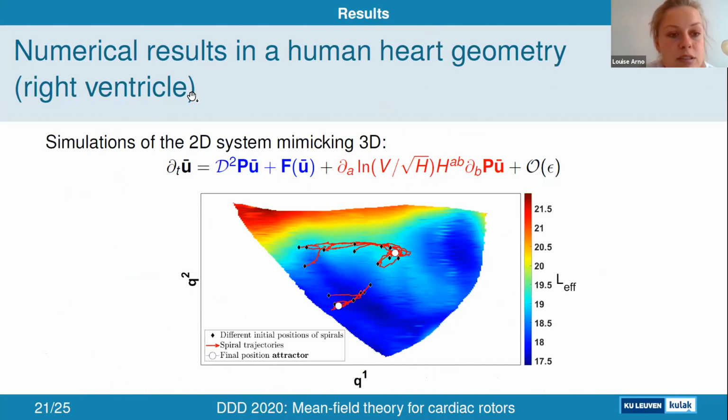And we treated this right ventricle as a two-dimensional object on which a potential L effective works. So this potential works on the two-dimensional surface. And when we look at the trajectories of the spiral waves, we see that they move towards two regions, which are here depicted by the white dots, and we call these the attractors.